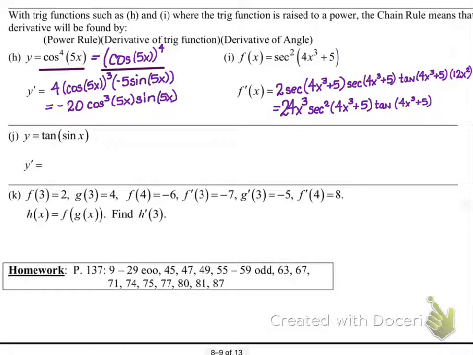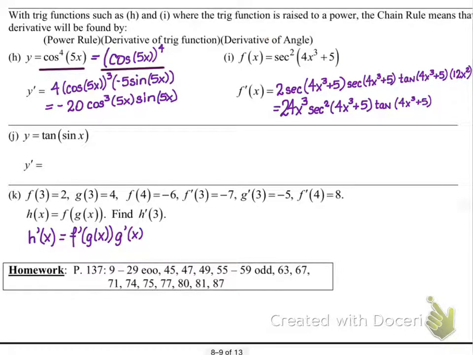Okay, next problem. Next problem, we're going to find h prime of x. Similar to the problem you had on your test, but not the same thing because we didn't have chain rule on the test. If you look at what I just did, I figured out what h prime of x was before I figured out what h prime of 3 is.